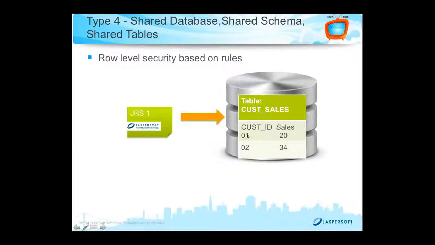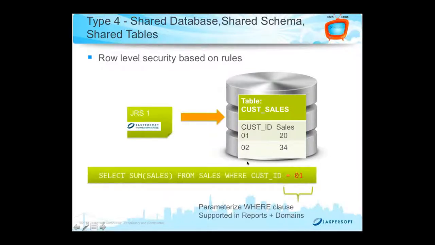And you have a customer ID in that table. Customer ID 01 gives you sales of 20. Customer ID 02 gives you 34. So you're parameterizing the where clause, where the customer ID equals 01. And this is fully supported within Jaspersoft. This is what we built into the entire product, and it's what we see most commonly out in the field from the other types of multi-tenancy.